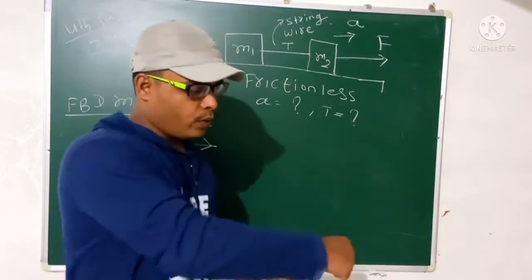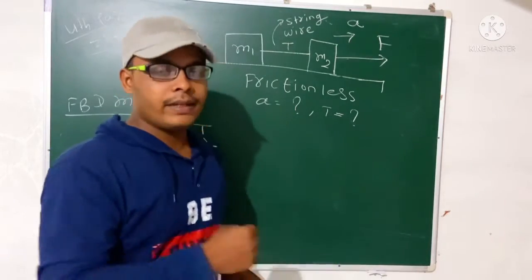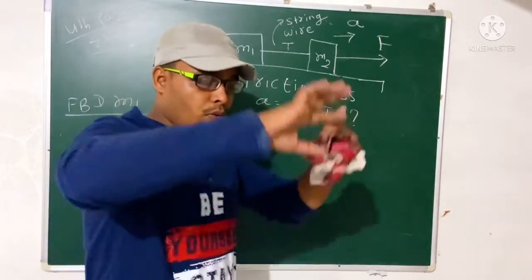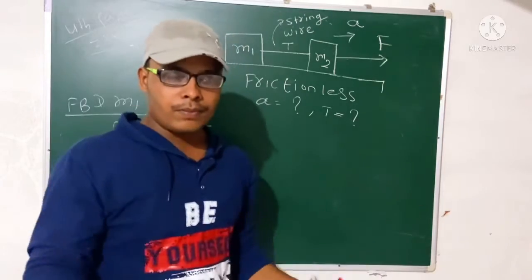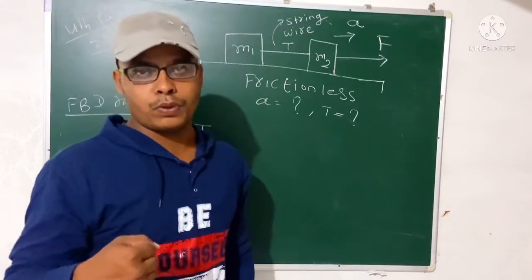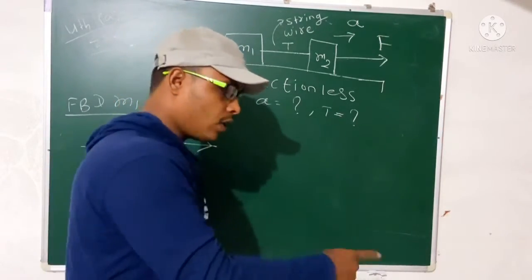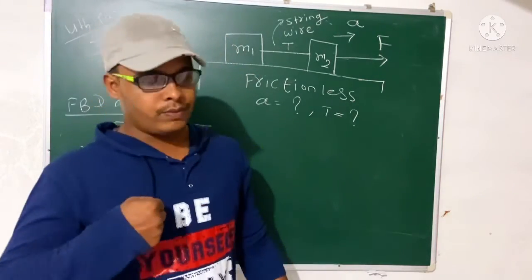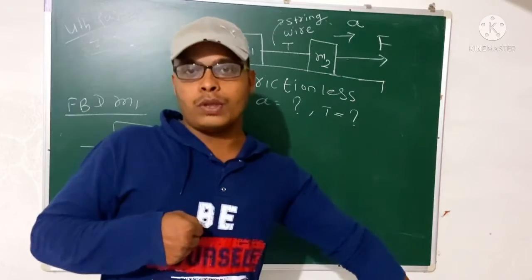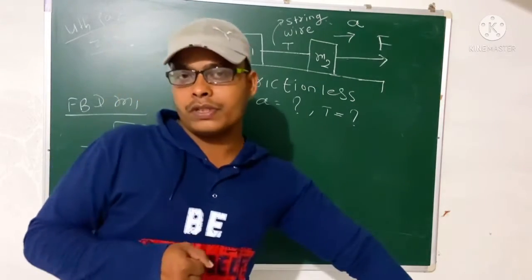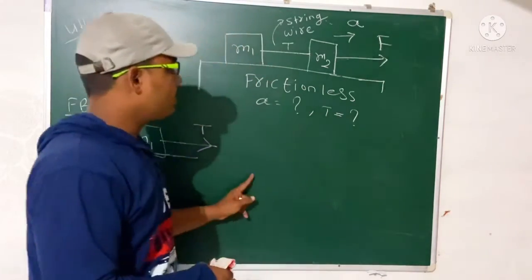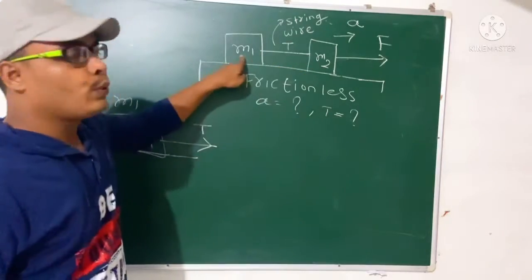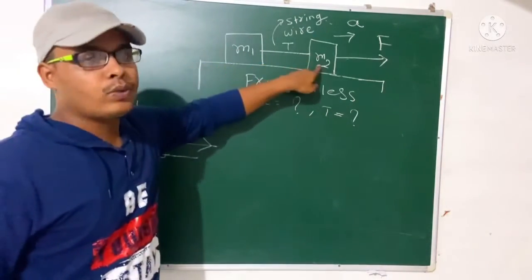When we pull the small object, we give little force. But when we pull the large object, we have to give a large force. That means the object also has some force: if we are pulling the object, then the object also pulls us, because for every action there is an opposite and equal reaction. So if M2 is pulling M1, M1 also pulls M2.